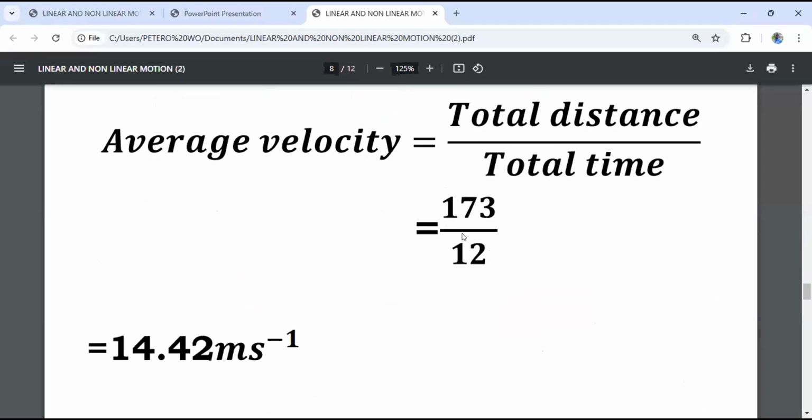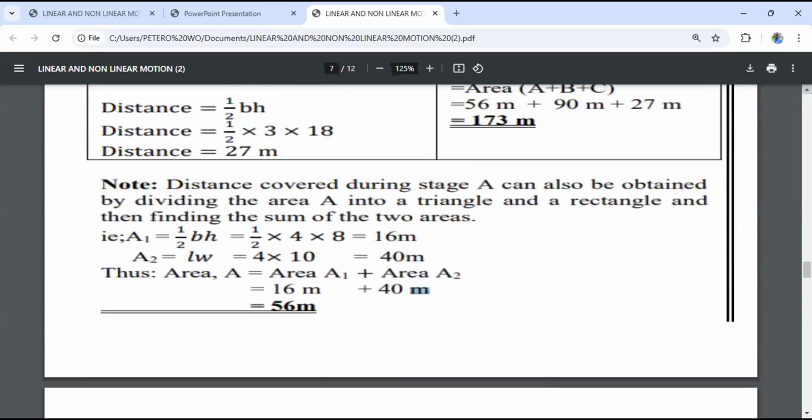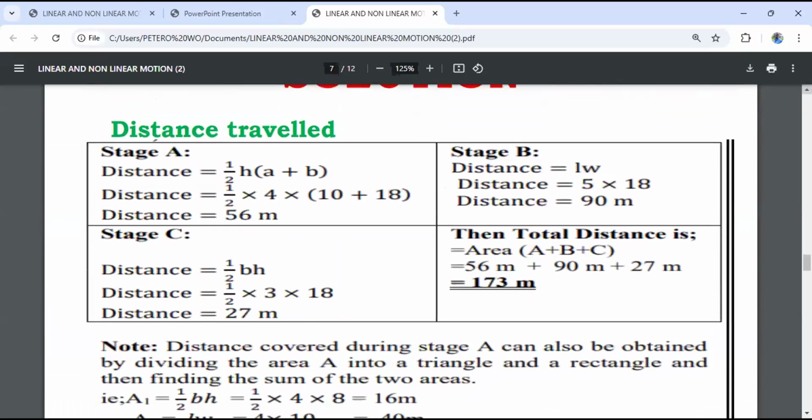That means that for us to get average velocity, we divide 173 by 12, which we get as meters per second.